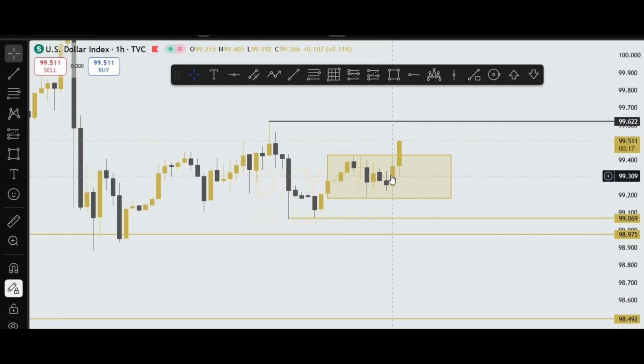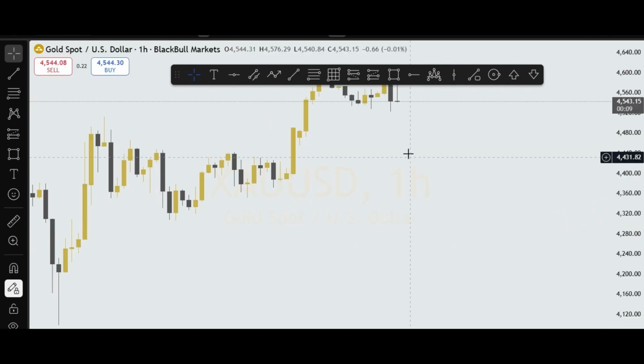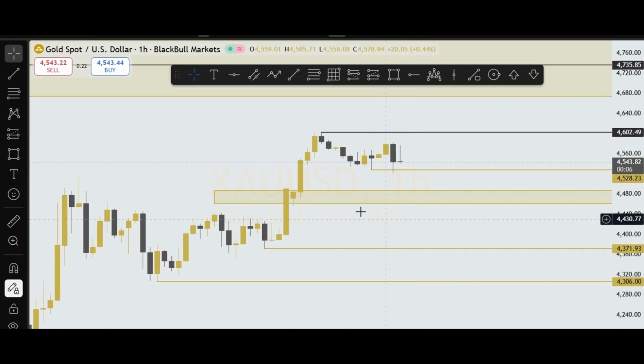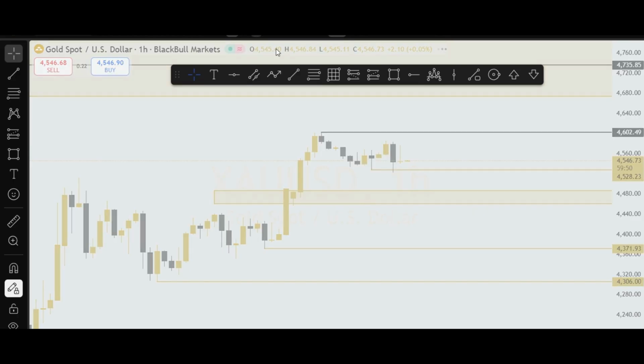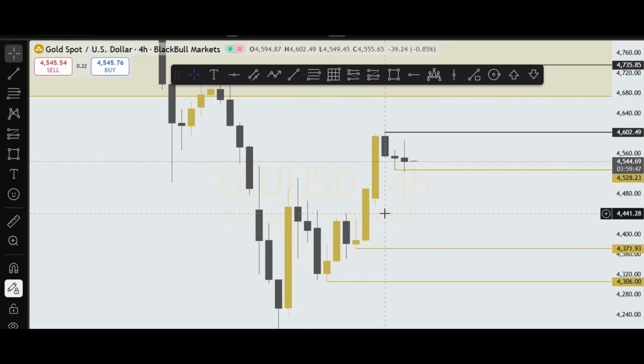After that move to the upside, it started consolidating. We look at it from a 4-hour and a daily time frame. The daily time frame still holds the structure from yesterday. Now if you go to the 1-hour time frame, we see that it's trying to push a little bit down.